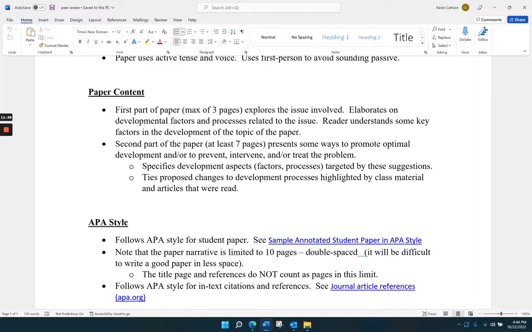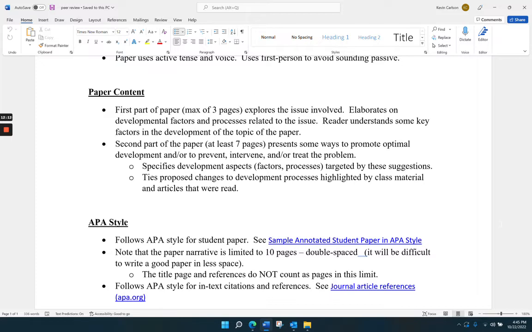Or if you're looking at a problem like substance abuse, what things would you do to prevent, intervene, or treat that problem? So prevention is, you prevent it from happening. So you say, well, developmentally, we know that there's these risk factors. So maybe if we address those risk factors, people won't actually develop that problem in the first place.